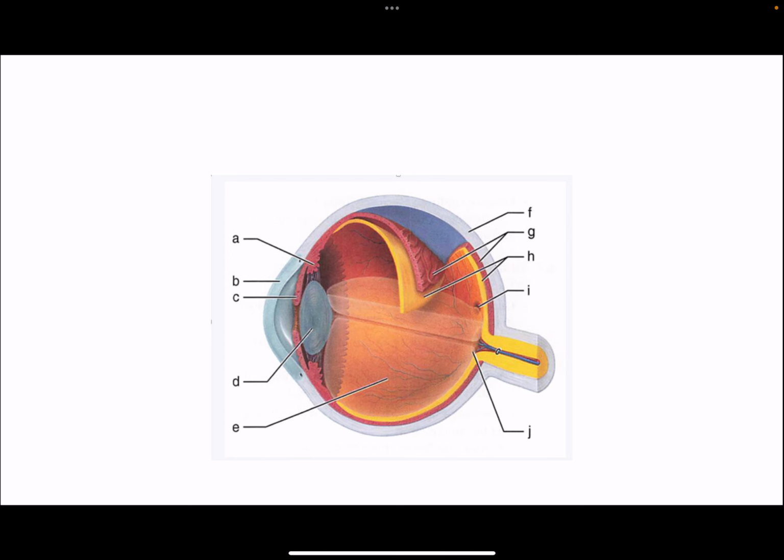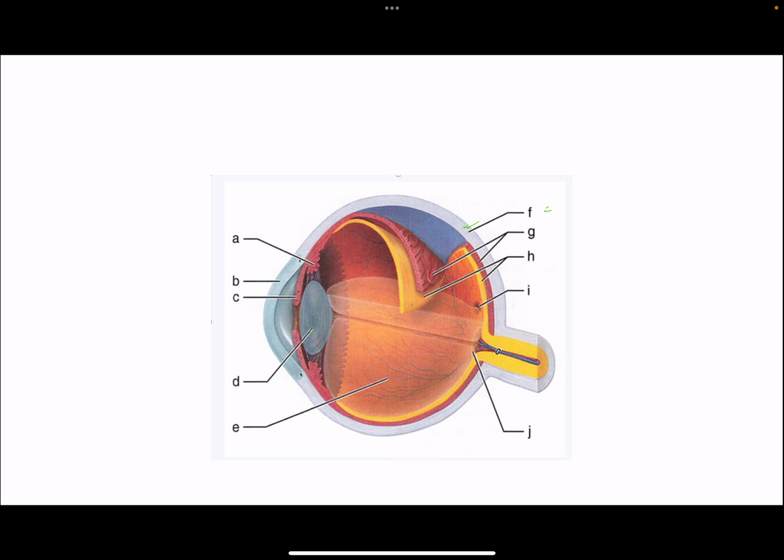So make sure you understand all these things. Pause it just to make sure you try to identify these labels. What is this? What is this one? Sclera. This one, choroid. What is this? Retina. Vitreous humor. Lens. Ciliary body with the ciliary muscles. Suspensory ligaments.